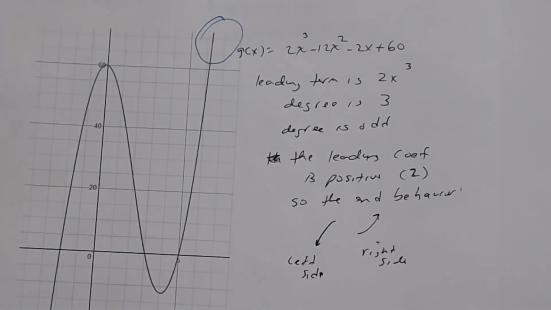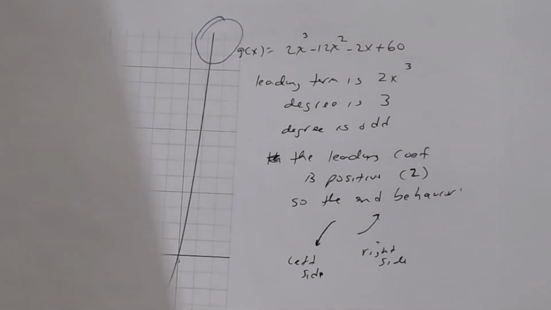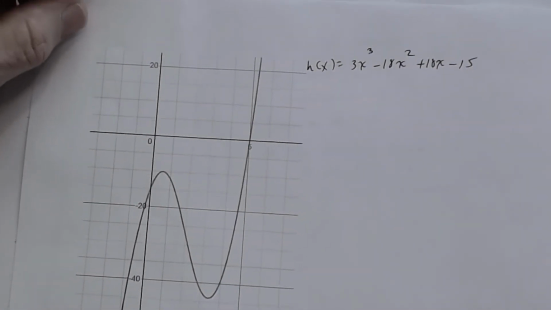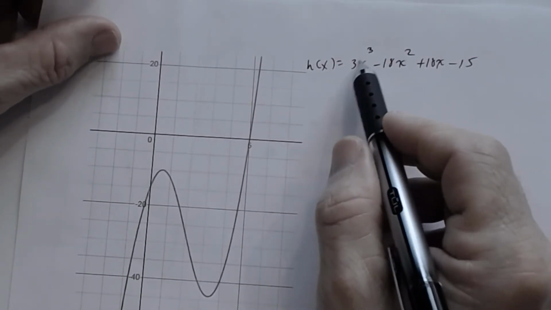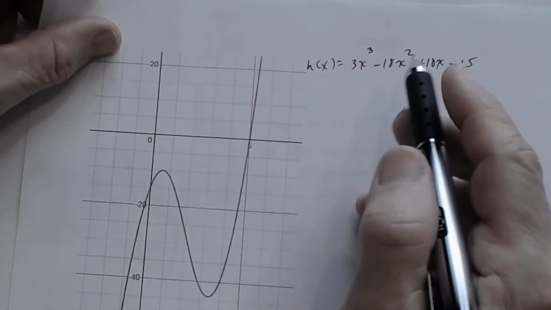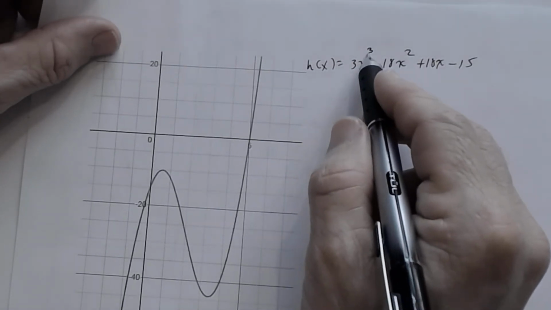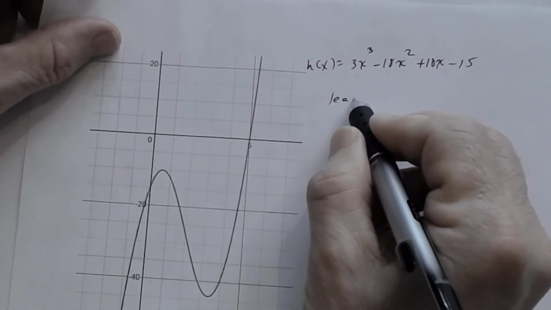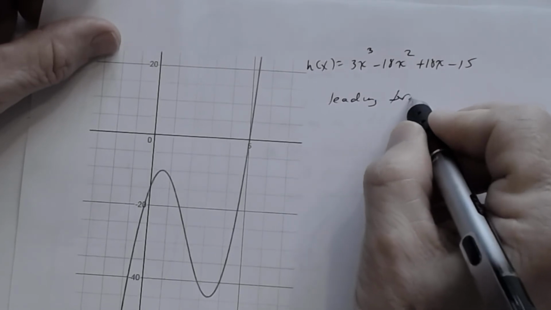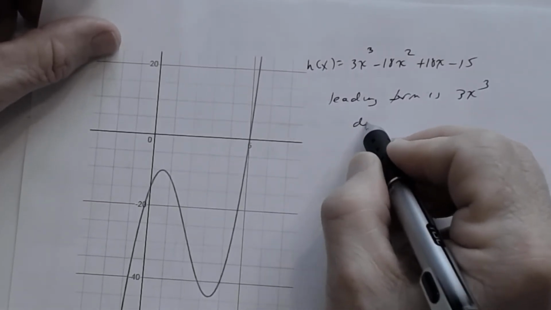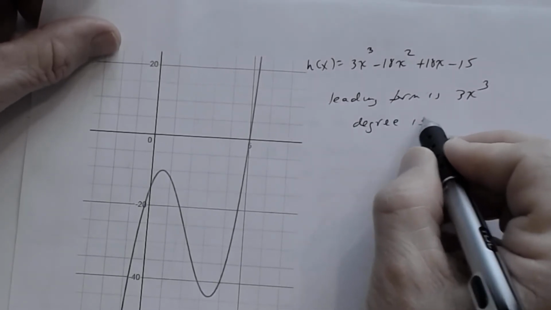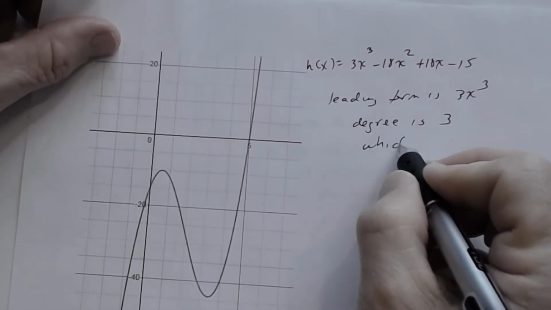All right, let's look at another example. So over here, let's do this one. Again, here's another example where the degree is odd. The leading term is 3x cubed. The degree is 3, which is odd.